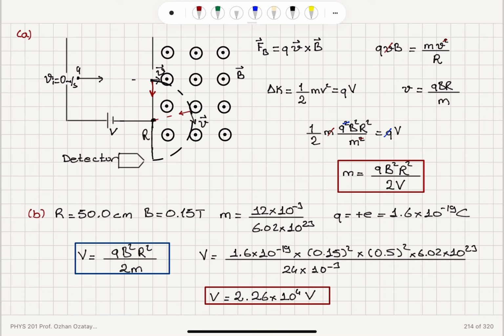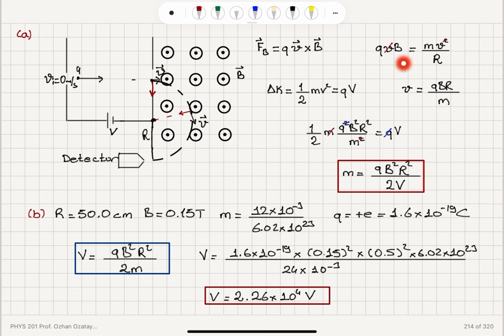They are subject to the Lorentz force inside the uniform magnetic field, and velocity and magnetic field are perpendicular, so the magnitude of qv cross B is qvB. The direction is radially inward, so it draws a semicircle.